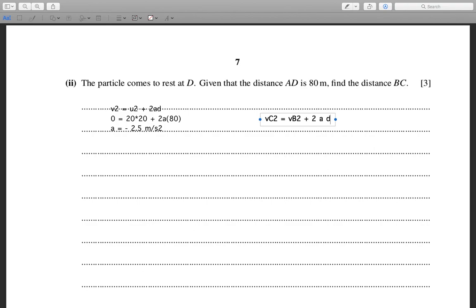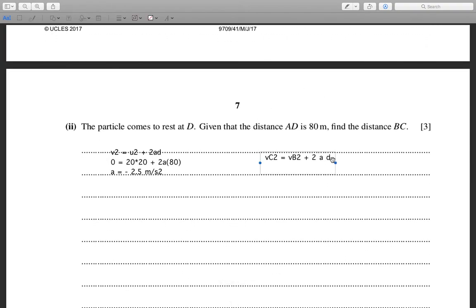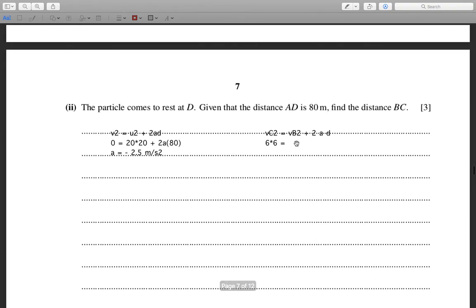VC is 6, so 6 squared equals 12 squared plus 2 times negative 2.5 times D. So D is 144 minus 36, divided by 5.